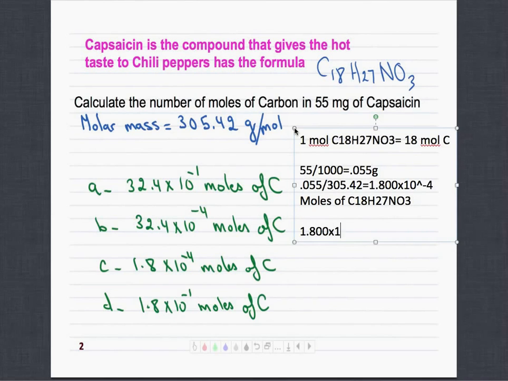And this is where I get, if I do the calculation, 1.8 times 10 to the minus 4 moles of capsaicin. When I multiply by 18, that's going to be 32.4 times 10 to the minus 4 moles of carbon.